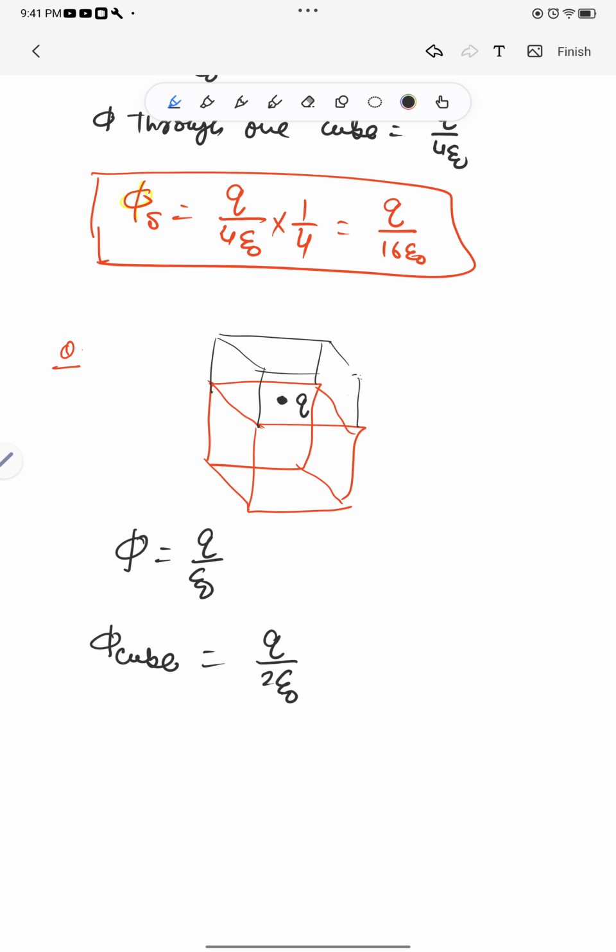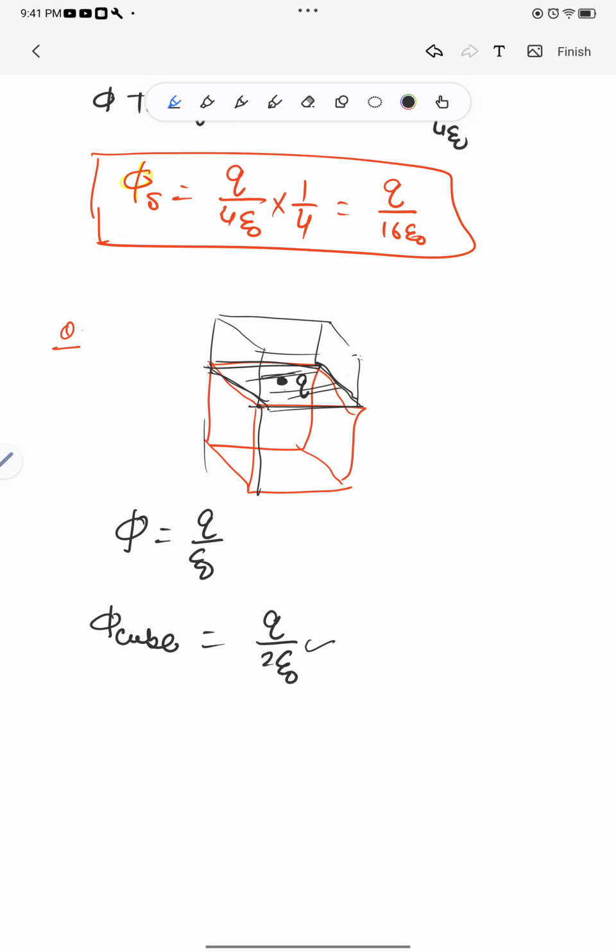But we want to calculate the flux through one surface of the cube. We know the flux through this single cube will be Q by 2 epsilon naught, and we want to calculate the flux through one surface of this cube. The surface touching this charge will have no flux, and here only one surface is touching this charge Q, so there will be no flux through this surface, and the remaining surfaces are a total of 5.